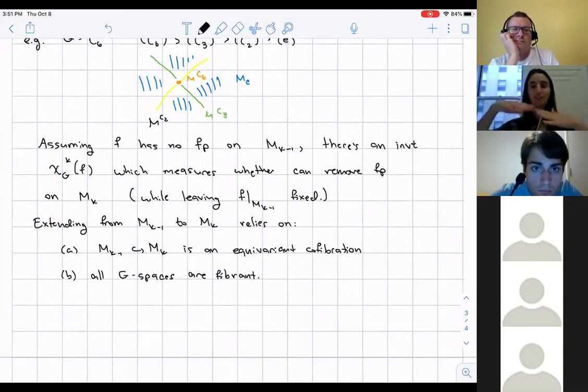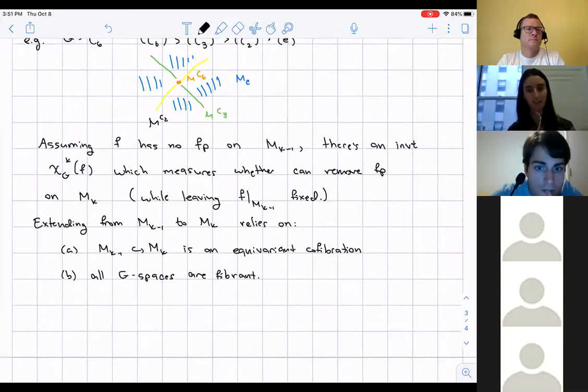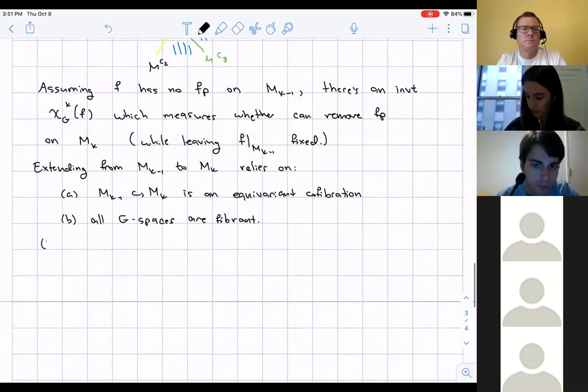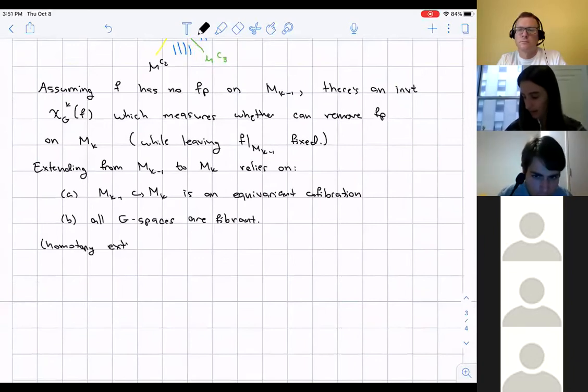This is to do some kind of homotopy extension thing. Like you have a homotopy, you want to extend the homotopy. And so those are things that are implicitly going into this proof every time that you do the induction. So we want this for homotopy extension.